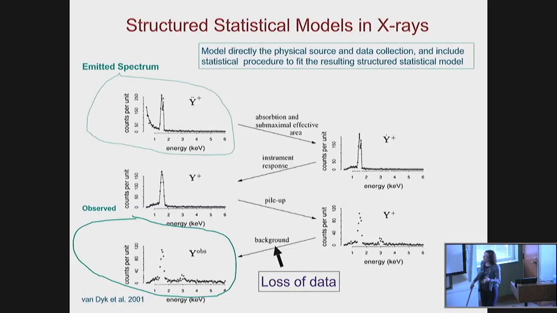So we have these equations, and what we did in 2001 was build this big structured model where we start with the spectrum emitted by a source, and these emitted photons are going to be lost during our observation. So you have loss by absorption, you lose some of the photons because of the instrument response or pile-up, and then you also have background.